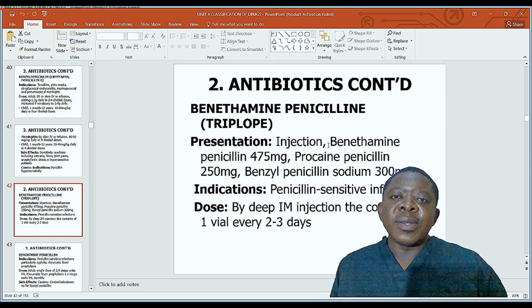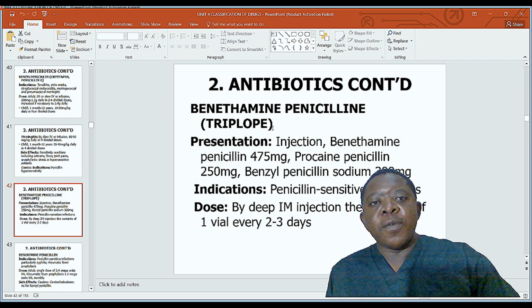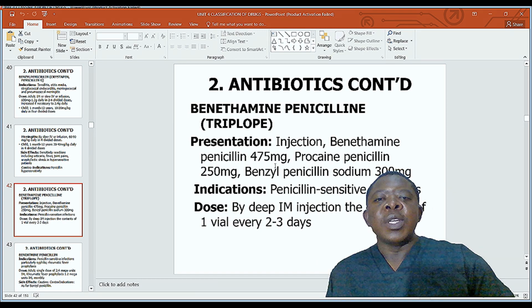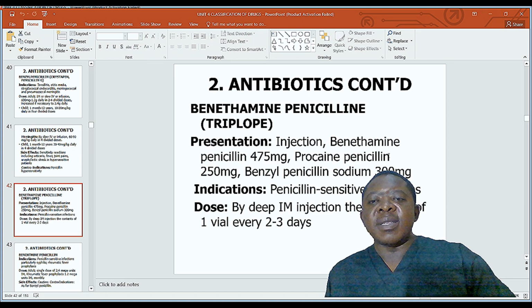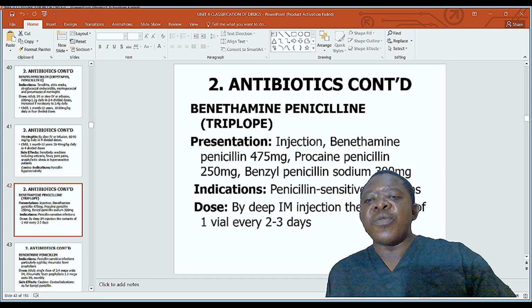Okay, so then we have this other type of penicillin, that is benethamine penicillin. Presentation of this injection is benethamine penicillin 475 milligrams, and then we have procaine penicillin 250 milligrams, and then we have benzylpenicillin sodium of 300 milligrams.